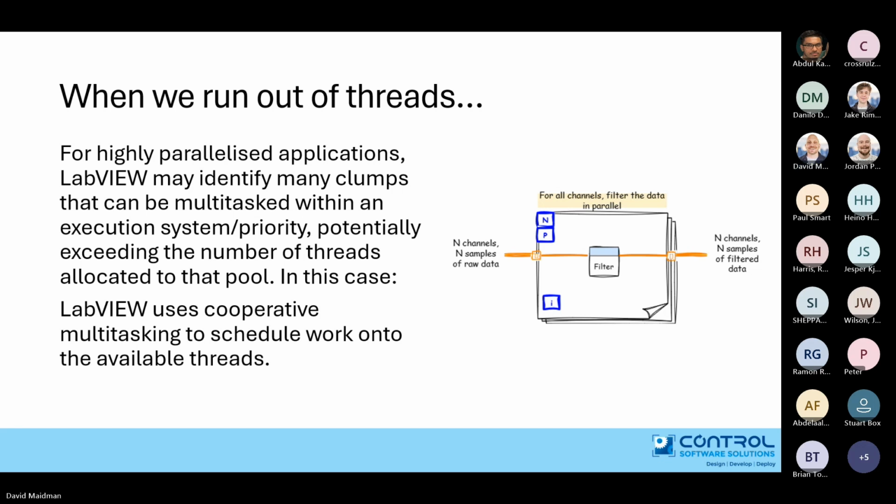So LabVIEW will still parallelize tasks where it sees it can, but it will use cooperative multitasking to schedule the work and, based on the priority queues, put that work onto the available threads. Okay.